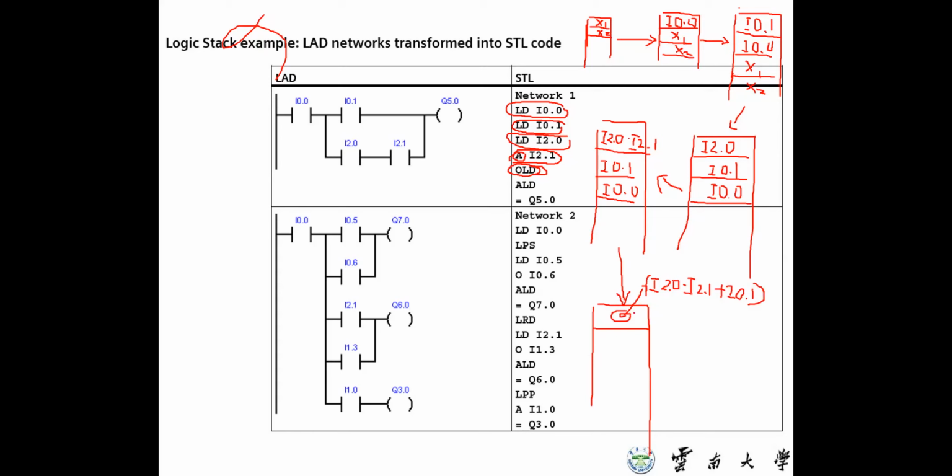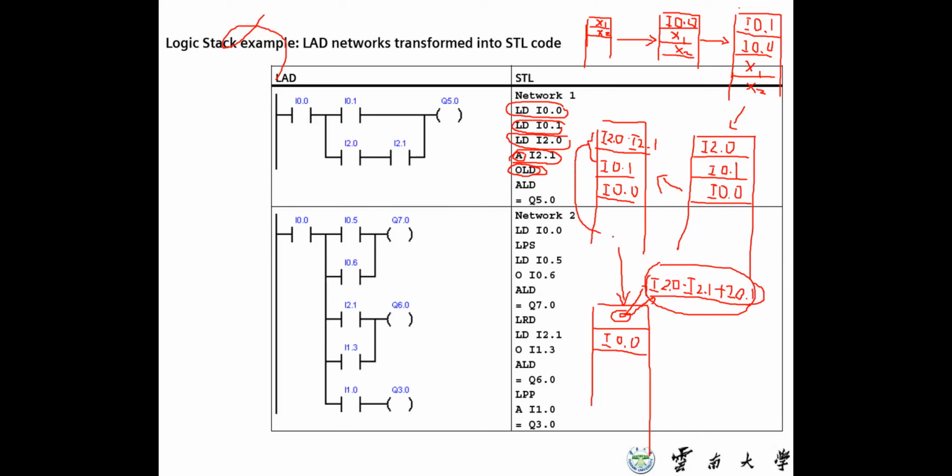So we can see the first level. This one. First level is what? Do you know? So the second level is what? Second level is I0.0. Because this is what? This is these two.